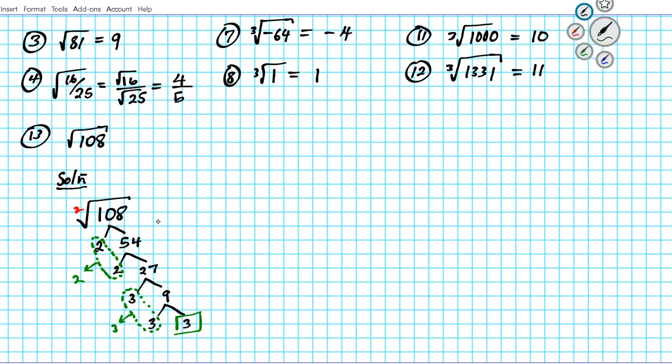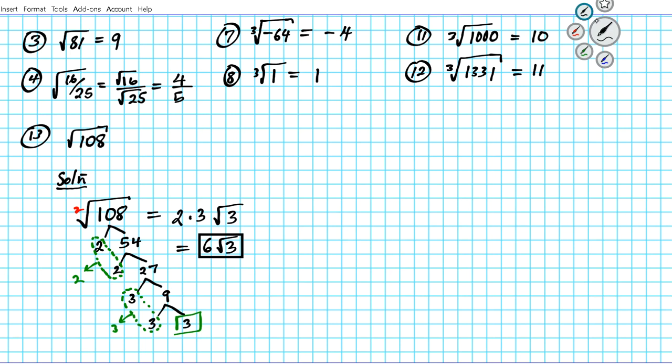Okay, so our answer is going to be the numbers that we could take the root of, which is 2 times 3. And then this other 3 didn't have a partner to make a square with, so it stays behind. All right. So the final answer is 2 times 3, which is 6. 6 root 3 is the simplified form of the square root of 108.